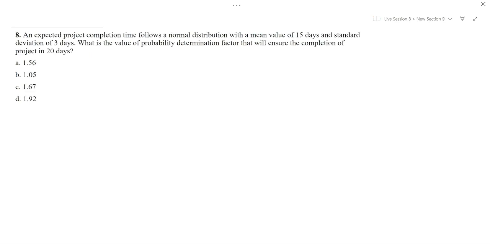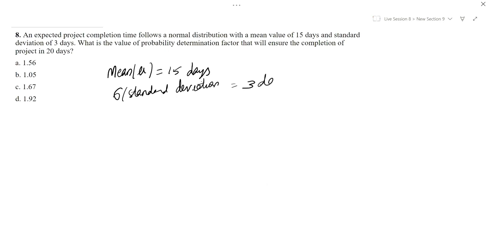The next question. An expected project completion time follows a normal distribution with a mean value of 15 days. Now mean mu is equal to 15 days. Standard deviation sigma is equal to 3 days. What is the probability determination factor that will ensure the completion of the project in 20 days? Now the target is equal to 20 days.